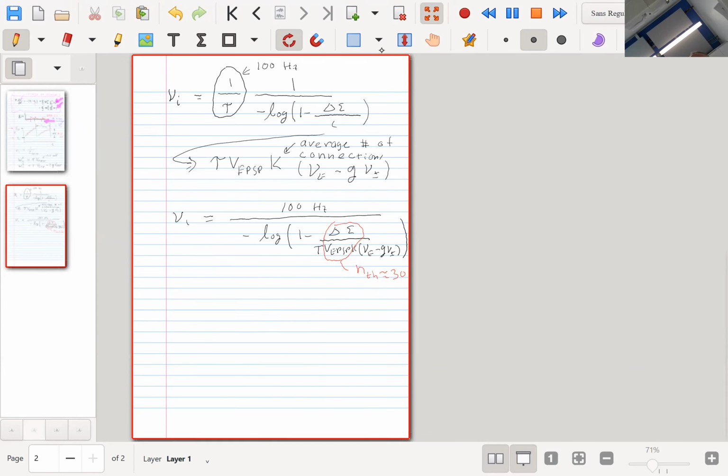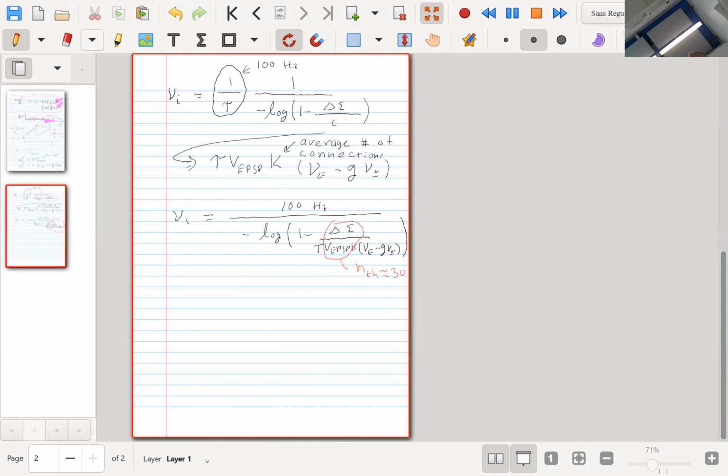But K is about 1,000. So tau is 10 milliseconds, which is 0.01 seconds.